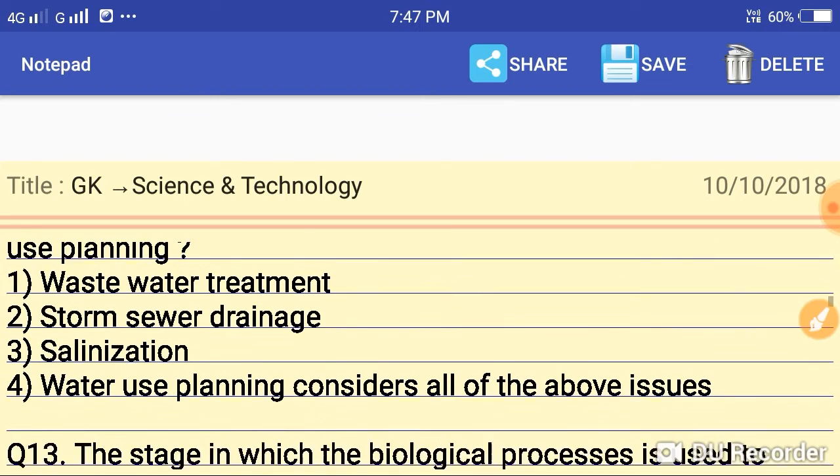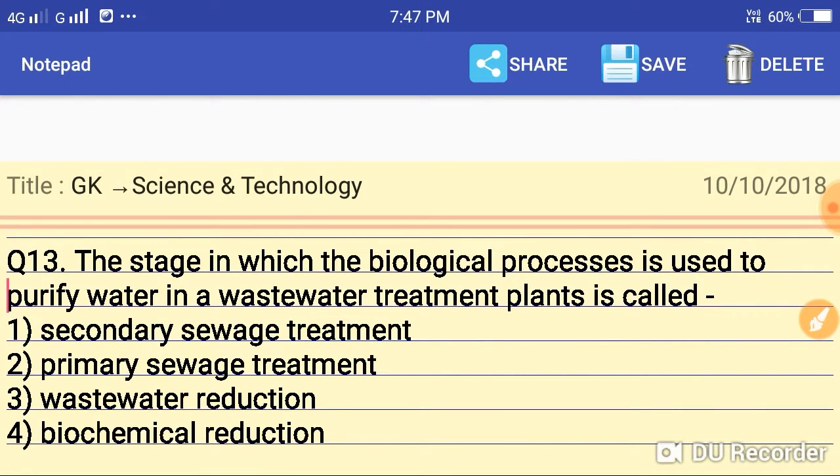Next question. The stage in which the biological processes purify water in wastewater treatment plants is called, important question. Right answer option 1, secondary treatment.